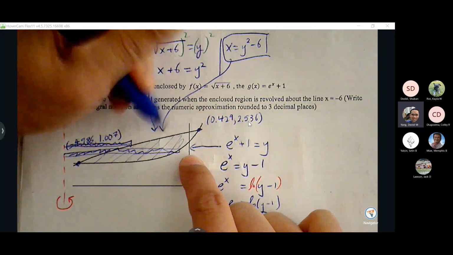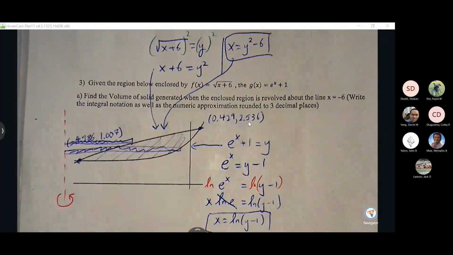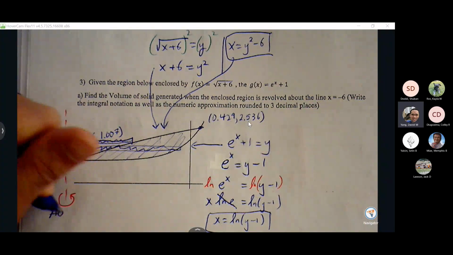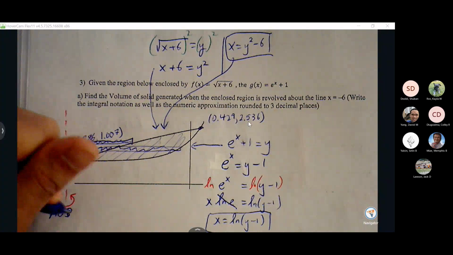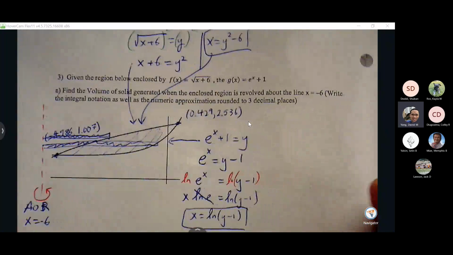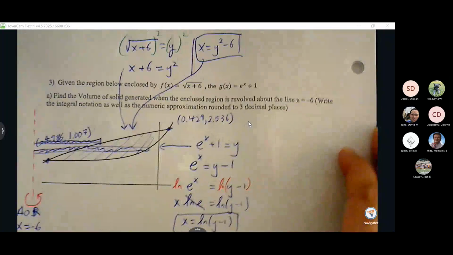So that's this curve right there. And the axis of revolution is x equals -6. So we need to build two radii here.